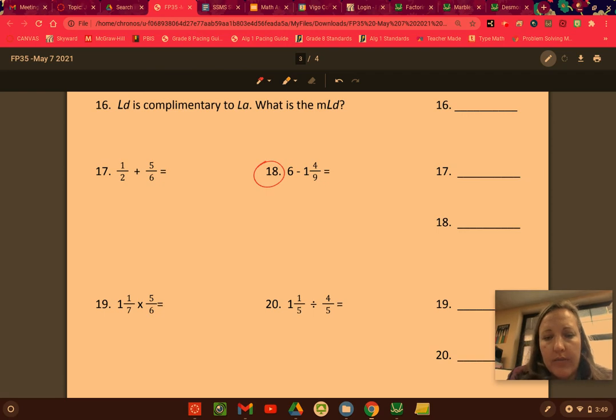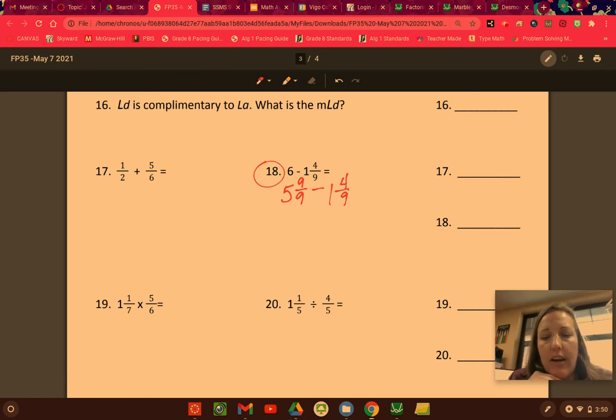Well, the easiest thing that I know to do is to just make 6 wholes 5 9/9. That's the same as 6. I'm just calling it something different, right? Minus 1 4/9. Now notice why I chose 9/9 instead of 8/8 or 7/7, because I want common denominators, right?